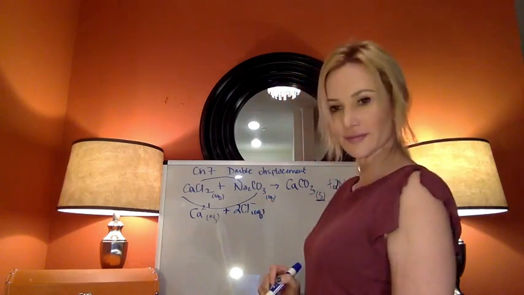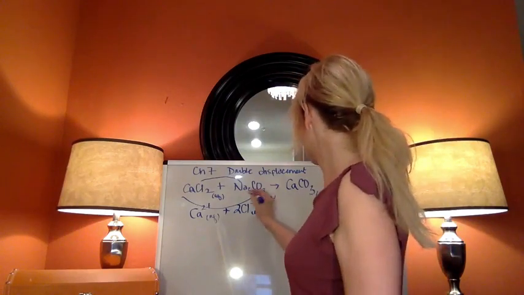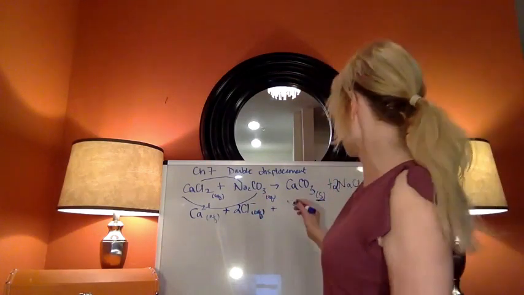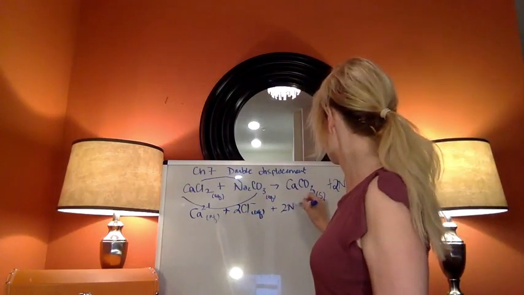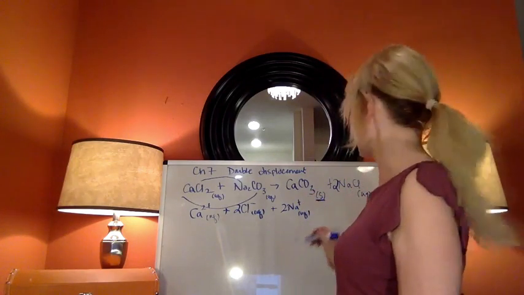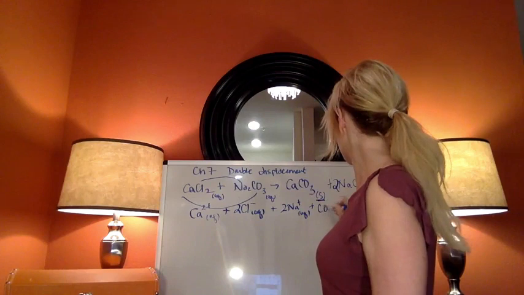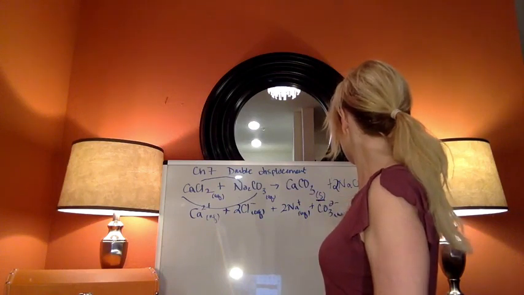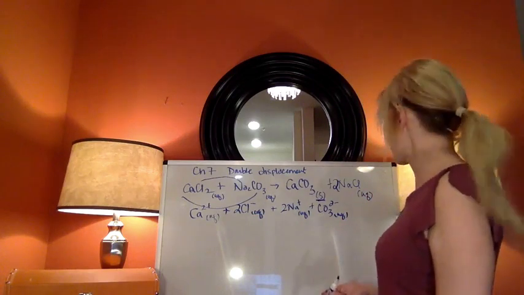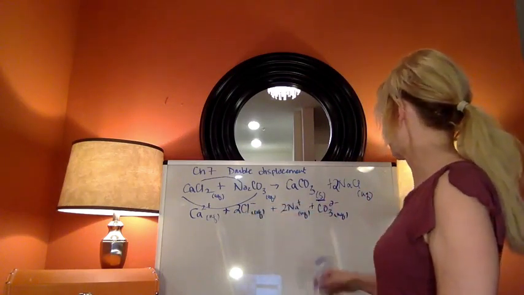There's my chloride, 2 chlorides, AQ. Again, on the reactant side, everything tends to be AQ for double displacement. 2 sodiums, AQ. 1 carbonate, AQ. Notice that they all have charges. I put the proper charge on them.